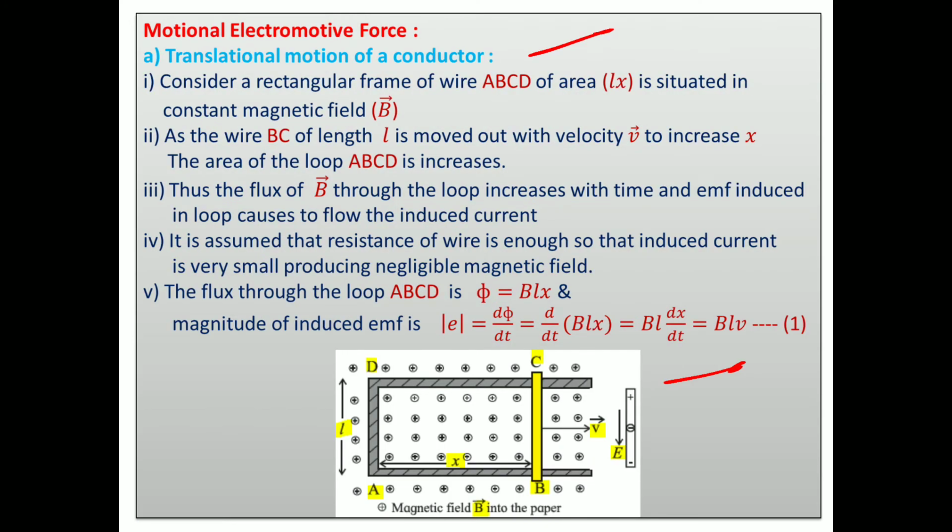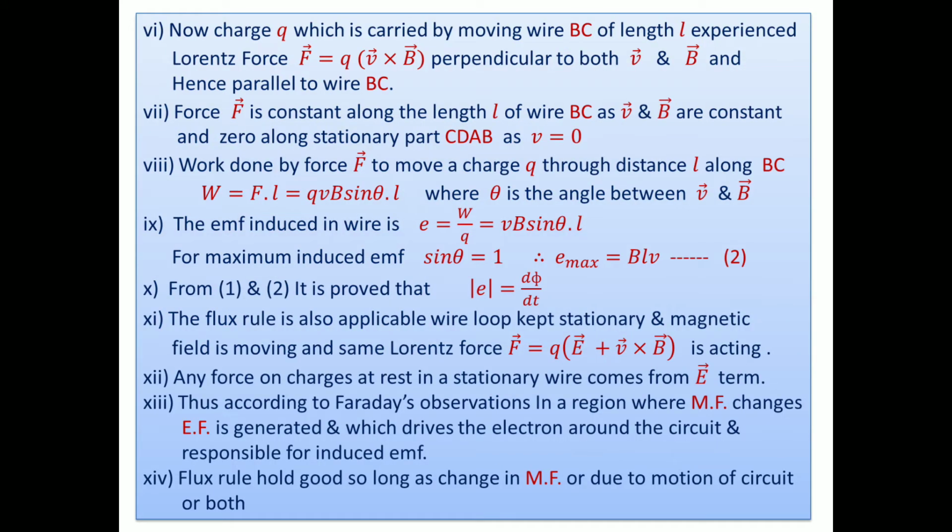Look here, the parts CD, DA, and AB are the fixed parts. They are not moving, only the BC part is moving. So their velocities are zero. As their velocities are zero, no force is exerted on them, only on the charge situated in BC. Okay.